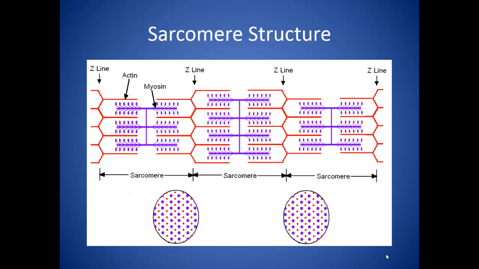What you're going to see with the myosin filaments is that these are the purple filaments. They're not only thicker, but they have these little projections that are sticking off of the center purple line, kind of hanging out there in the gap between the myosin and the actin.